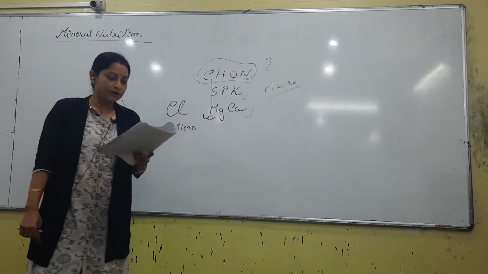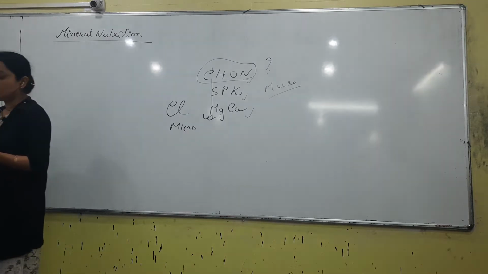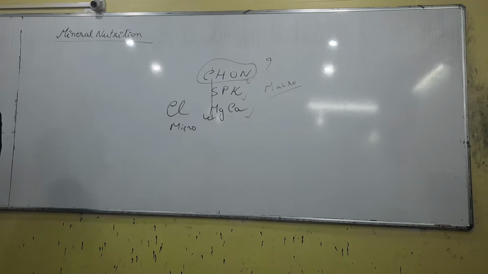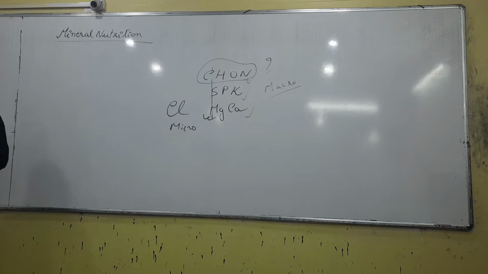Okay, right? So the question that you will go through is like this. We have certain mobile elements and certain immobile elements, right? So how will the question come, what is the important point? First, identify the mobile elements and the immobile elements, so you have to memorize them. Second, when mobile elements are deficient, where do we see the symptoms? In older parts of a plant.